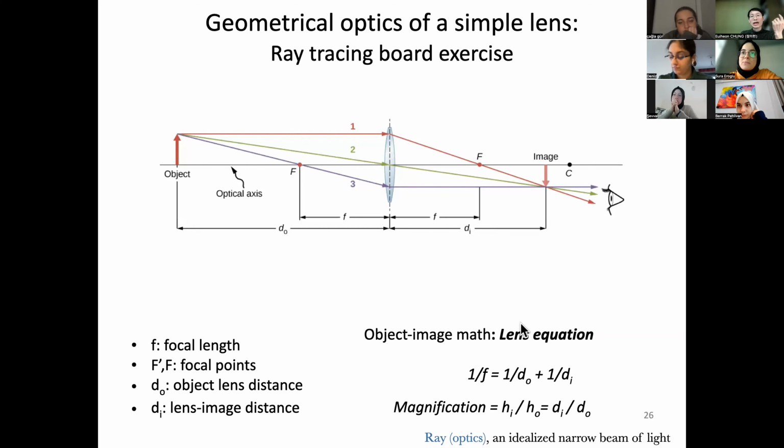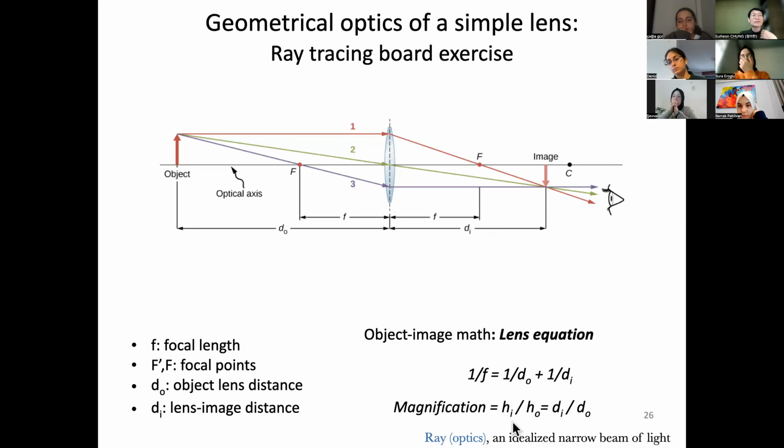And we usually have this geometric optics. You know from the geometry, if you have a lens with a focal length f, and you know the object is a distance d0 away, you can compute where the image will be and what the size of the image will be, and that ratio we call magnification.